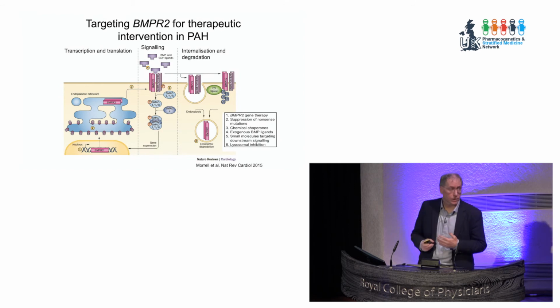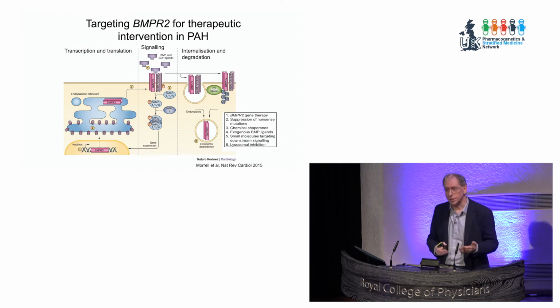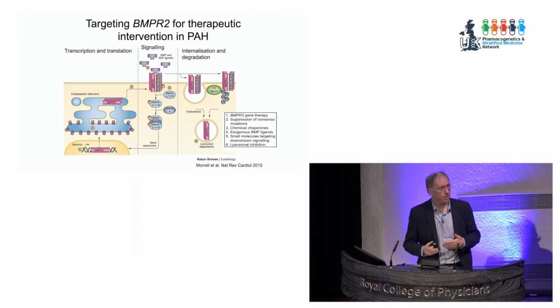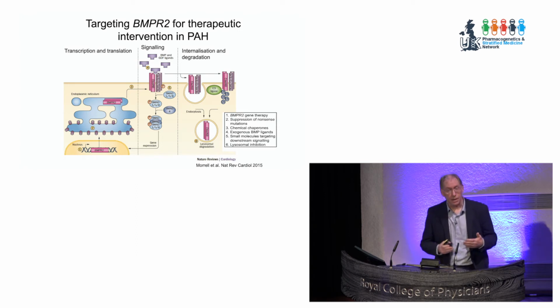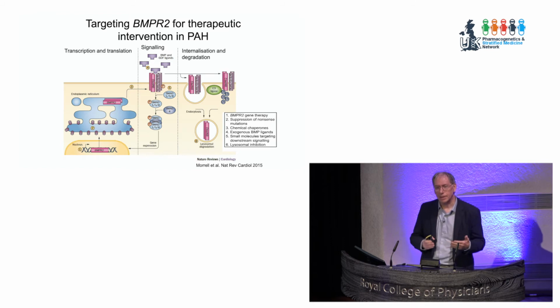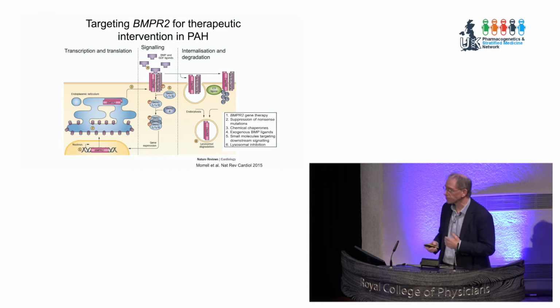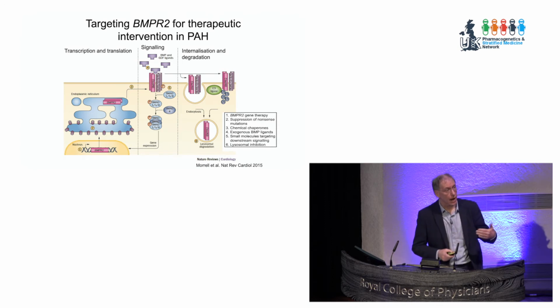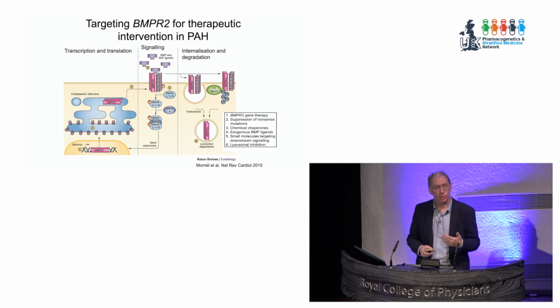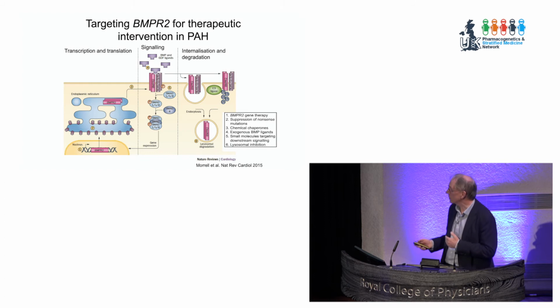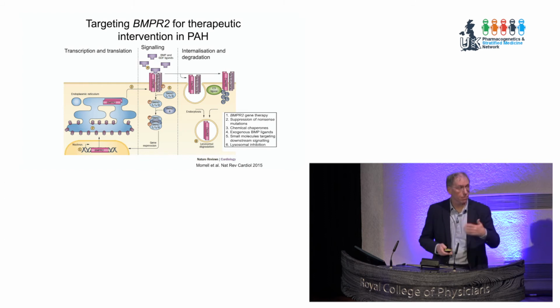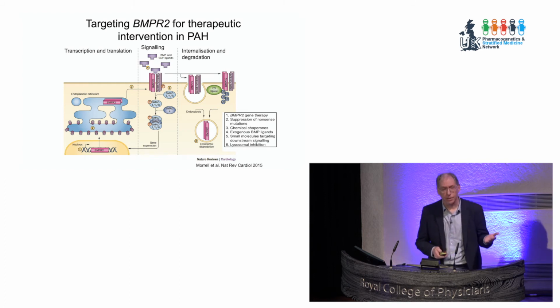So we've known about mutations in BMPR2 for over 20 years, but it's only in recent years that we've managed to get close to developing some treatments which we might be able to take forward into clinical trials. There's a lot of discussion about how one might repair BMPR2 signaling. One suggestion is through repairing missense mutations through drugs like ataluren.